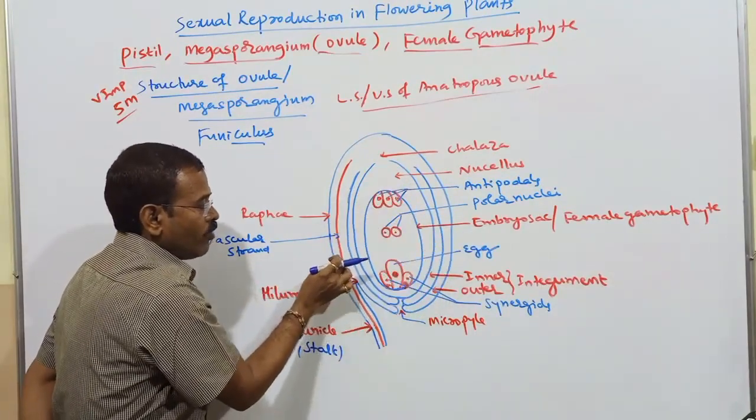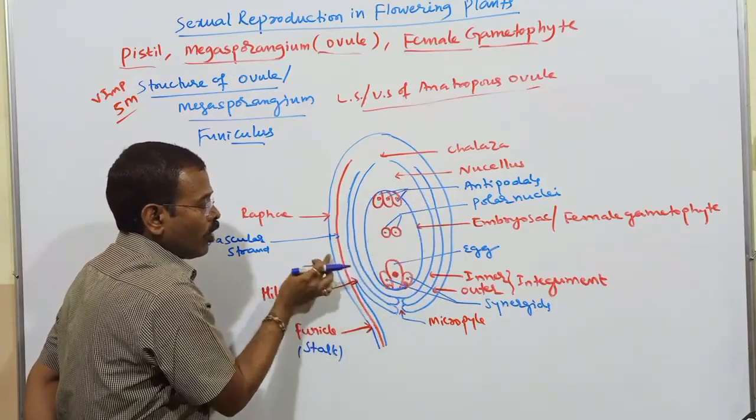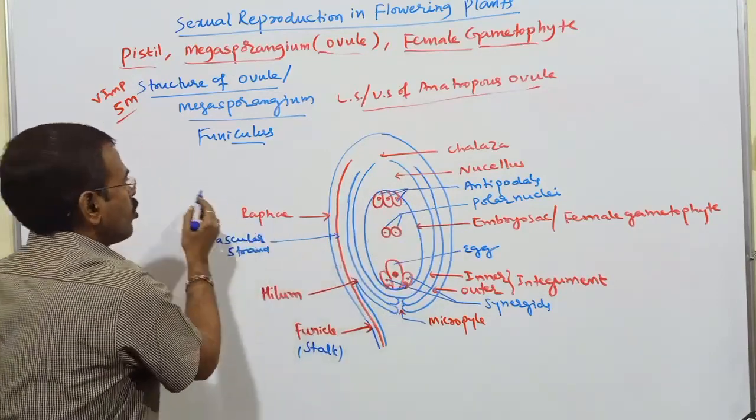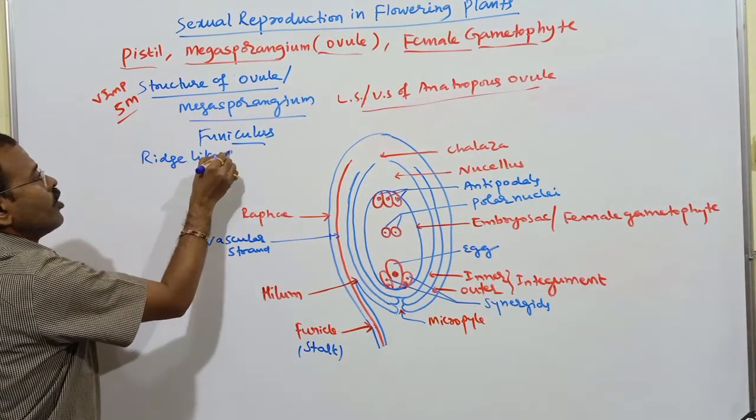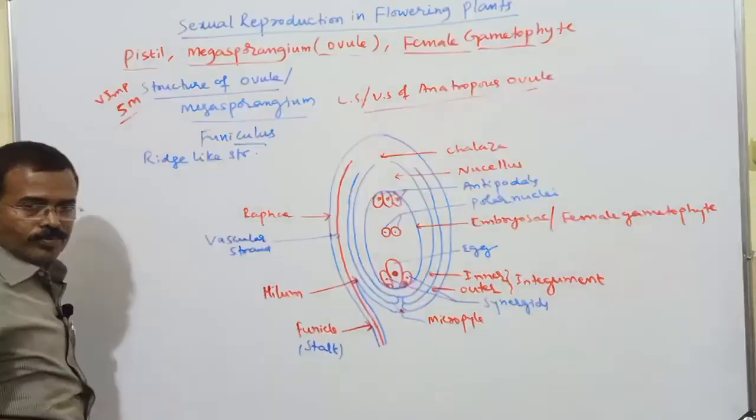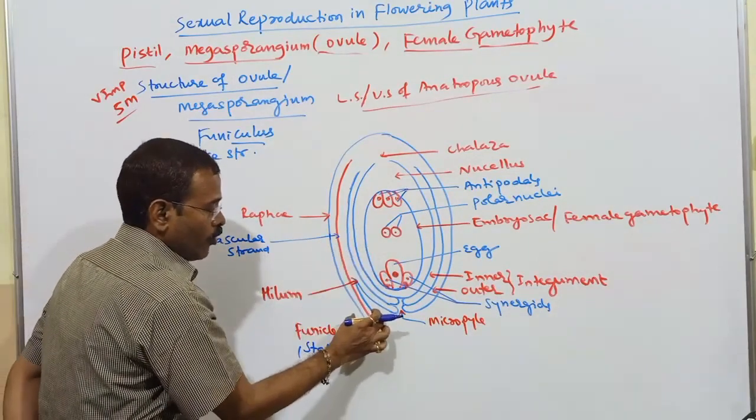This funicle is fused with the ovule on one side and forms a ridge-like structure on one side of the ovule.